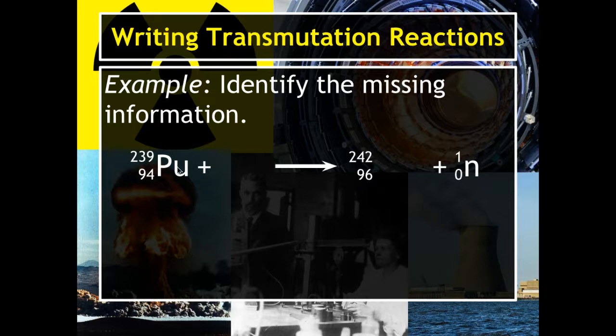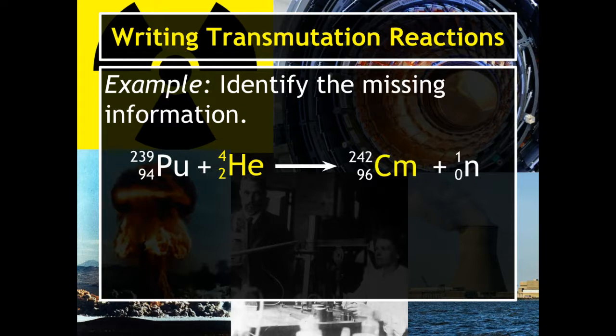So how did Pu go to over here? Well, if you add an alpha particle here, 94 plus 2 gives you 96. Oh, okay. That makes sense. I have a mass number 239 plus 4 would give you 242. Okay, that makes sense.